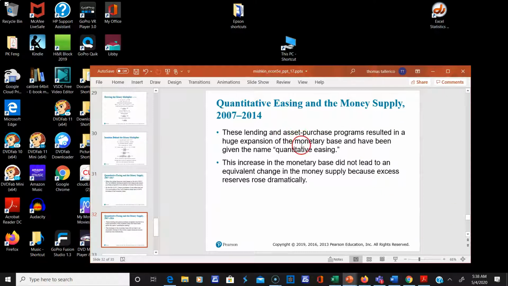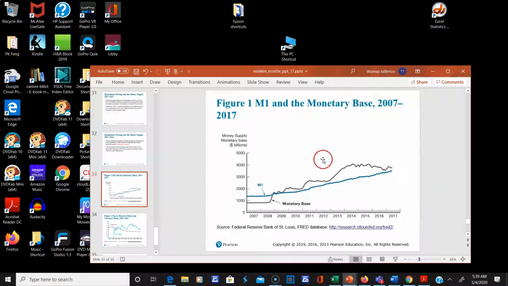So there was a huge expansion of the monetary base, and of course, this was called by the famous name of quantitative easing, by introducing money into the economy so banks could lend. And of course, this increased the excess reserves because banks had more money, so they increased their reserves.